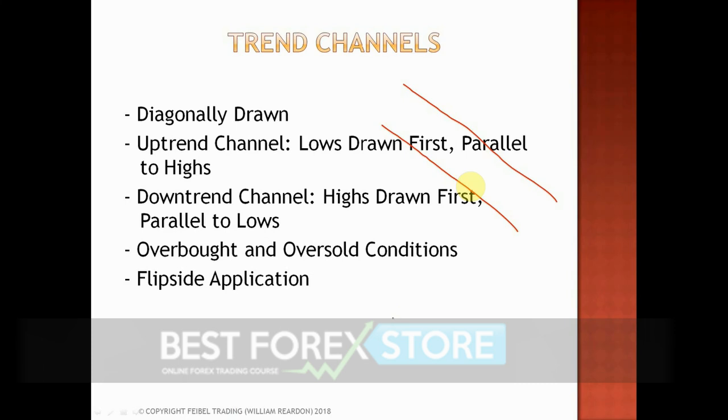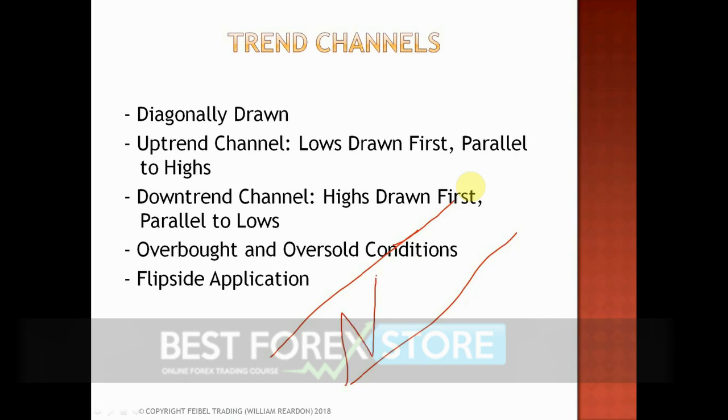Now we'll briefly talk about overbought and oversold conditions. So when we're in an uptrend, so this is an uptrend channel bouncing around here. This is our demand line in an upside channel, and this is the supply line.